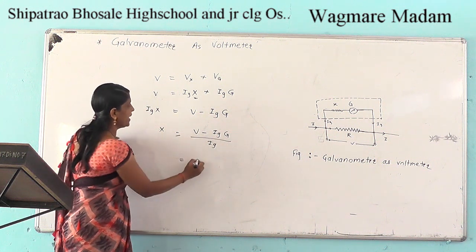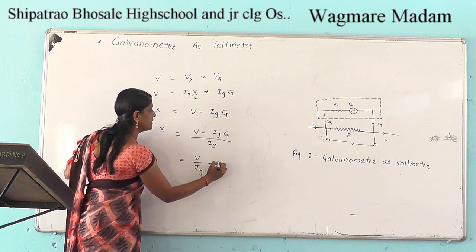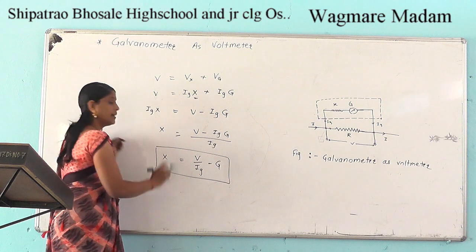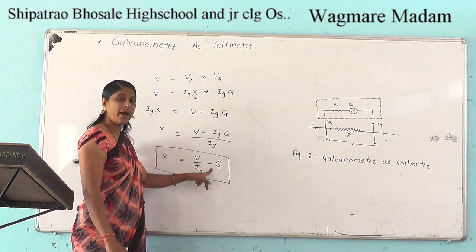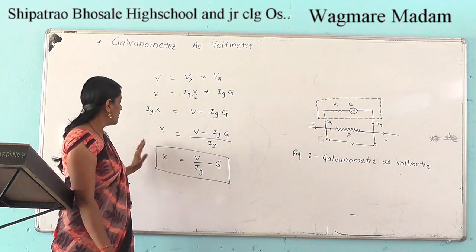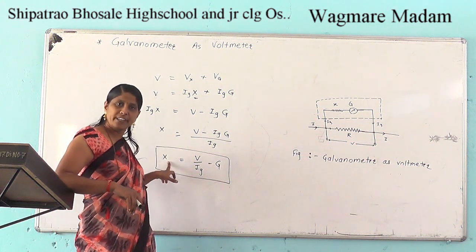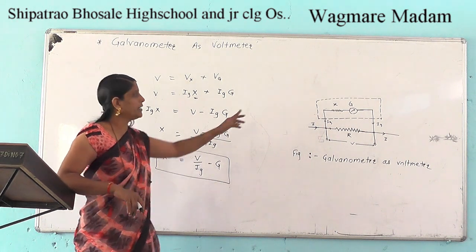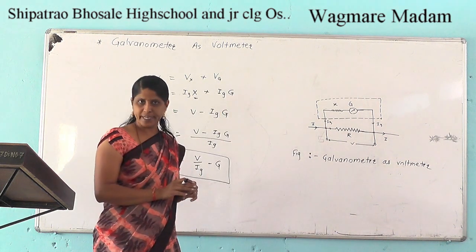Also, we can write X is equal to V upon Ig minus G. This is the required equation. By using this equation, we can find the value of X, which is to be connected with the galvanometer in series to convert this moving coil galvanometer into a voltmeter.